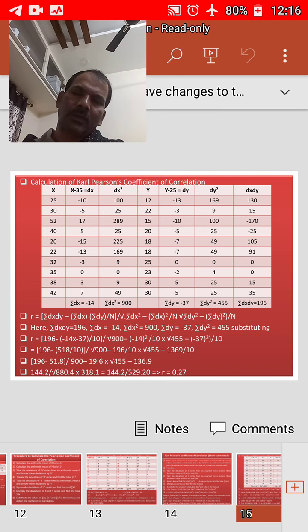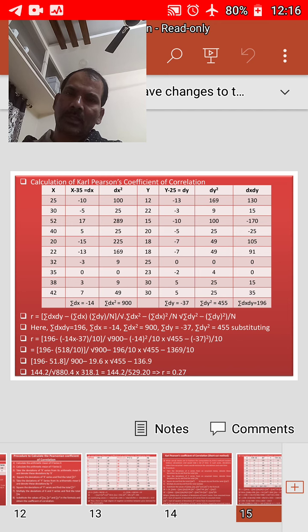For the X series we have taken the assumed mean as 35. In the case of the actual mean we take small x, whereas if we use an assumed mean to calculate the deviations, we use dx, that is, from x series values, x minus a is equal to dx.